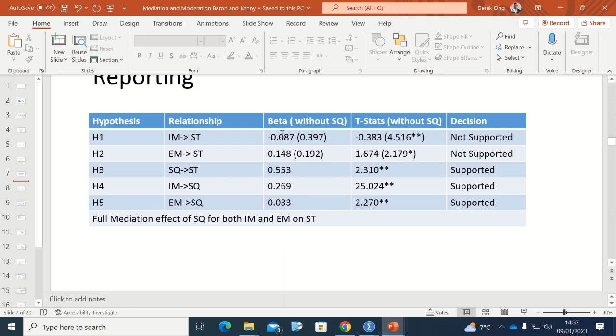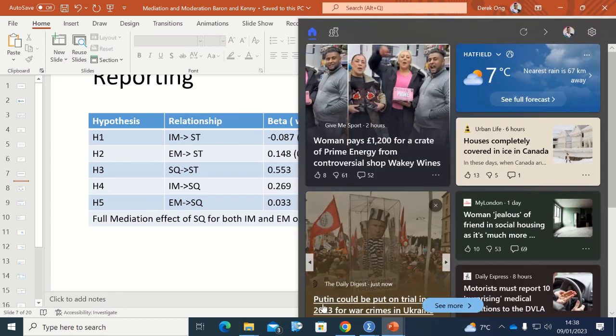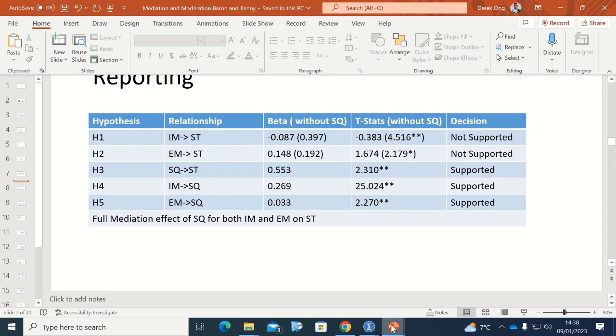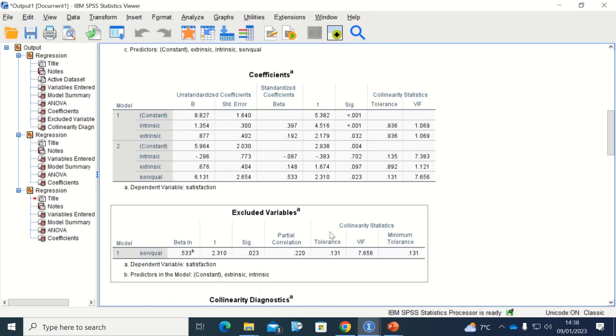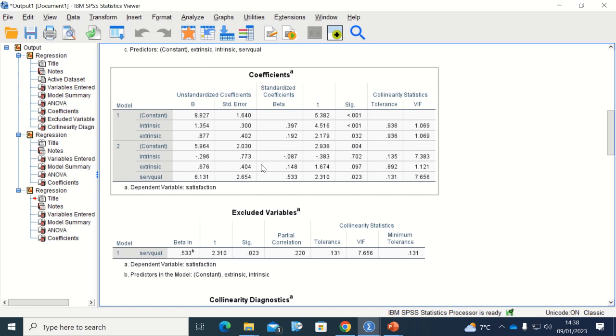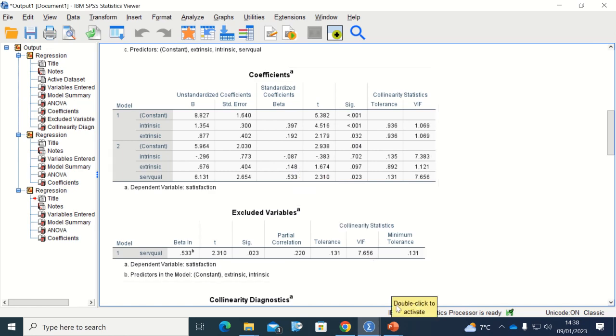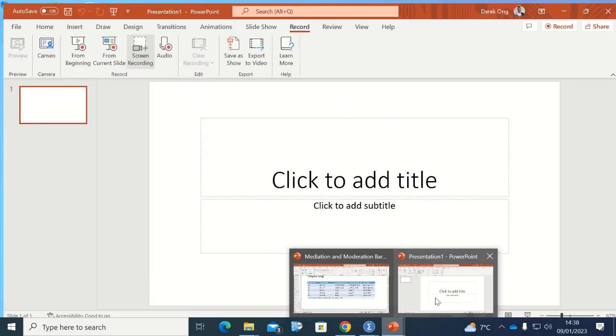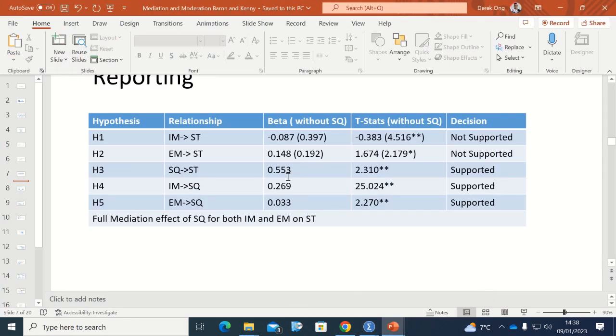And then the beta with the SQ is negative 0.087 and 0.148. That's with the serve qual. And then, of course, for the serve qual, 0.553, and IM to serve qual, 0.269 and 0.233.